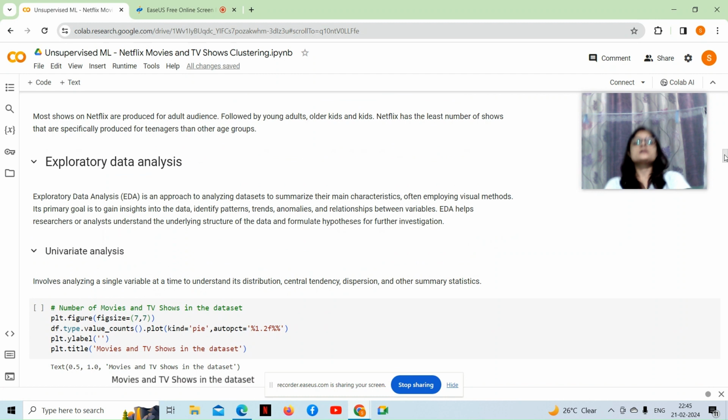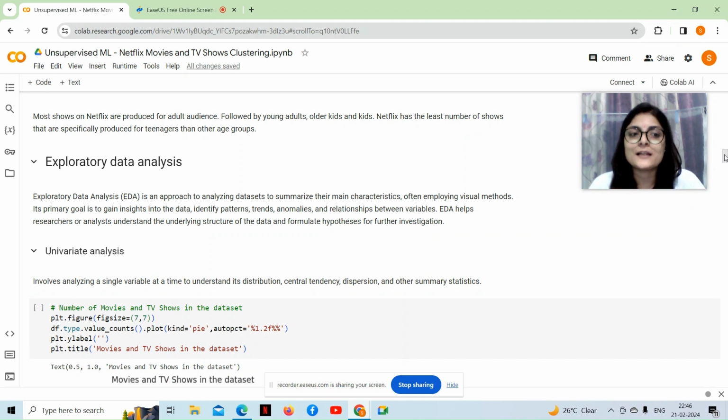Second, after the data cleaning, is the exploratory data analysis. So what is exploratory data analysis, or EDA? It's an approach to analyze data sets, to summarize their main characteristics, employing visual methods. Its primary goal basically is to gain insight into the data, identifying patterns, trends, and anomalies and relationships between variables.